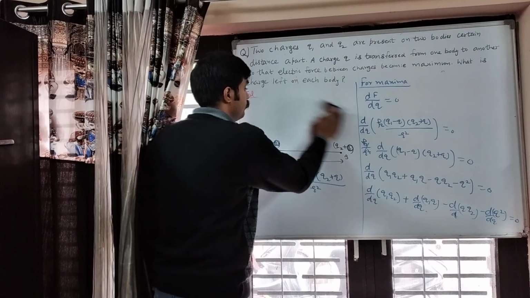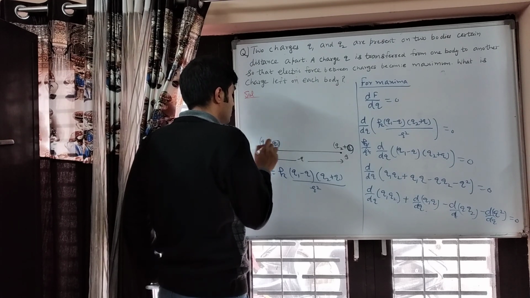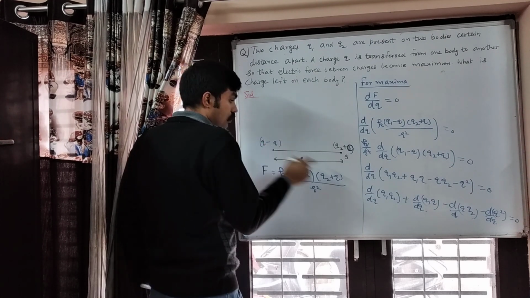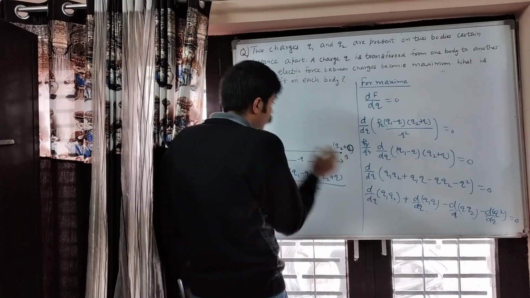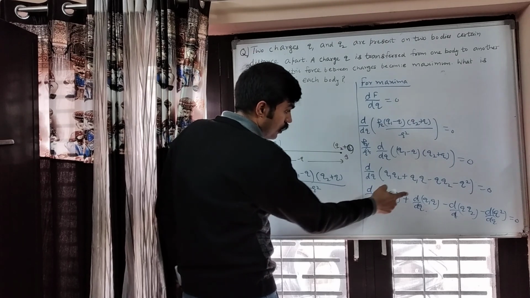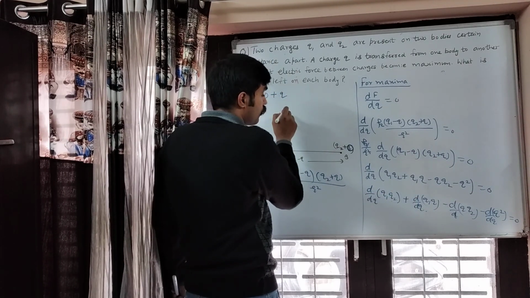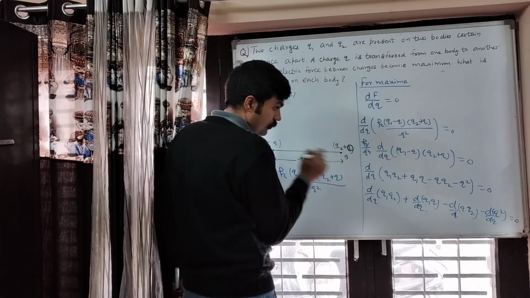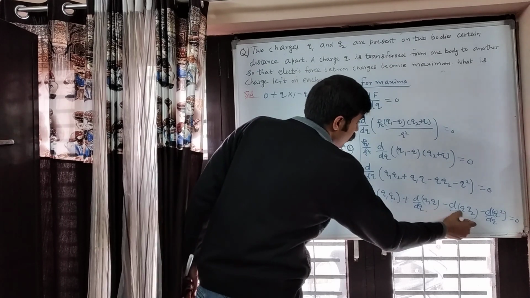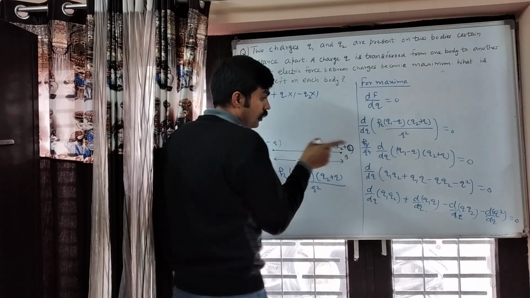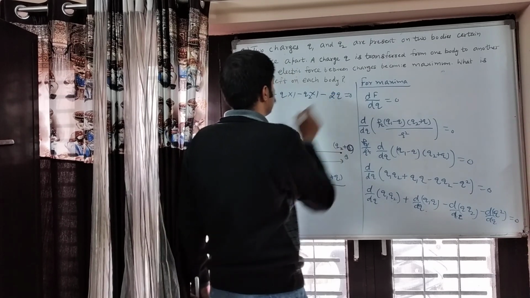Now very clearly in this function, Q1 and Q2 are fixed. Total charge was fixed. So derivative of a constant number is 0. Q1 is constant, Q1 comes out, and derivative of Q with respect to Q is 1. Minus Q2 is constant, derivative of Q with respect to Q is again 1. And minus derivative of Q square is 2Q. Should be equal to 0.